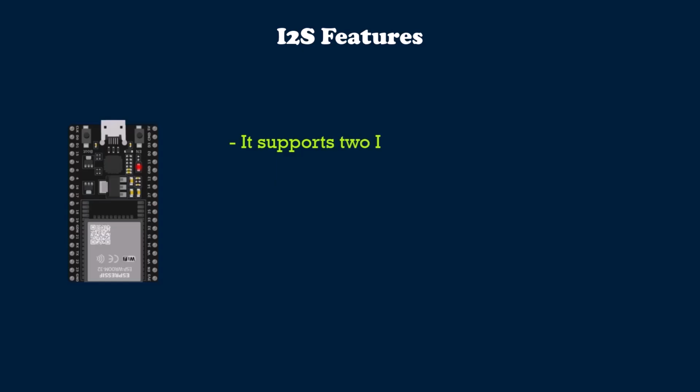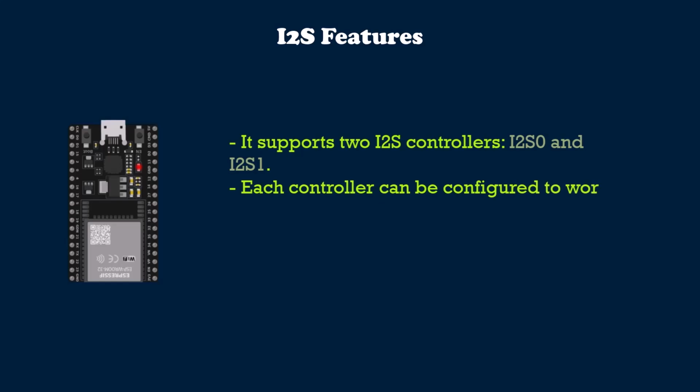So, first off, it supports two I2S controllers, I2S0 and I2S1. Each of those can be configured to work either as a master or slave, and they can either transmit (TX) or receive (RX) audio, depending on what you need.